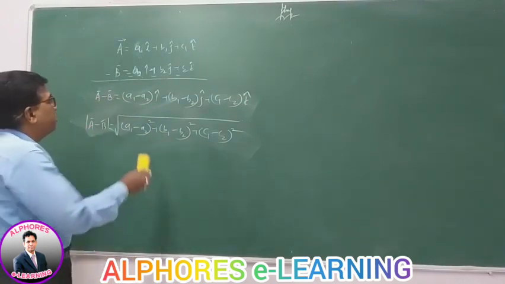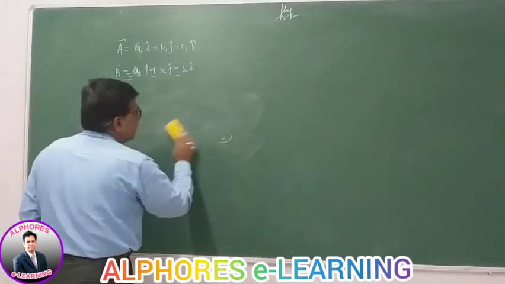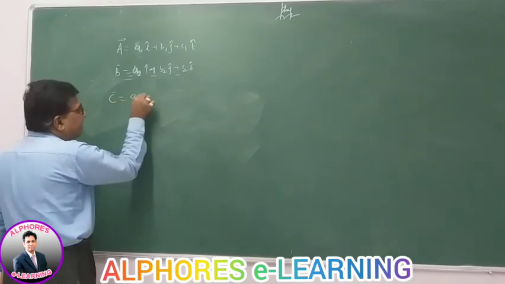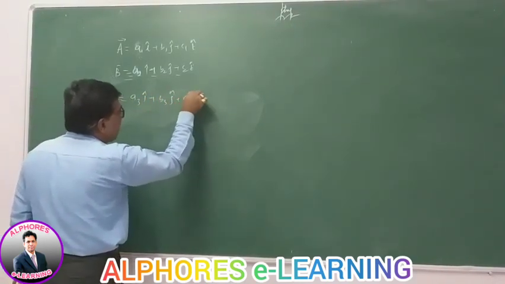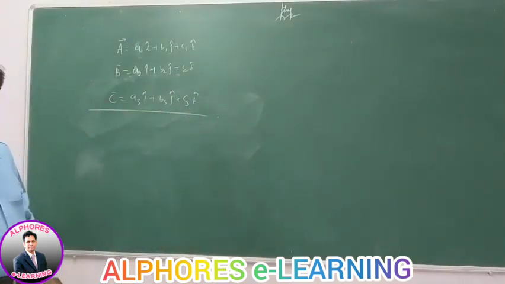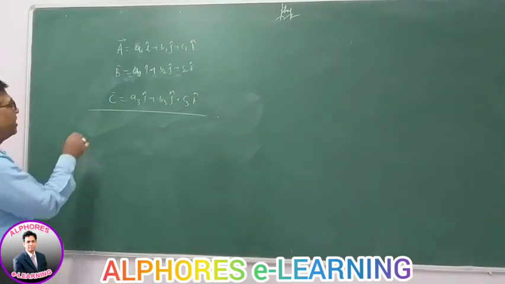Not only two: suppose there are three vectors, with one more vector C bar, a3 i cap plus b3 j cap plus c3 k cap. Any number of vectors you can add, as in the polygon law.